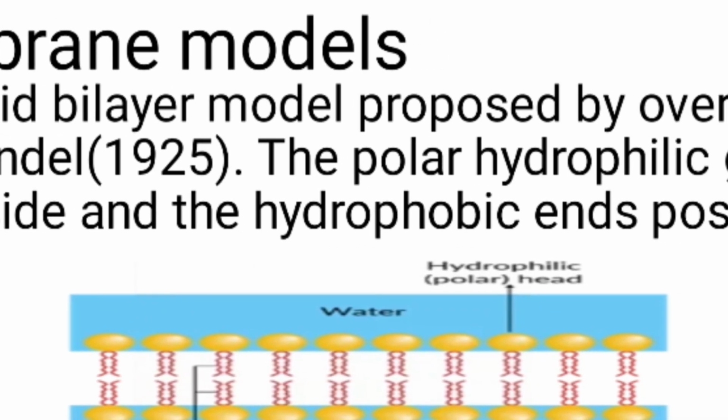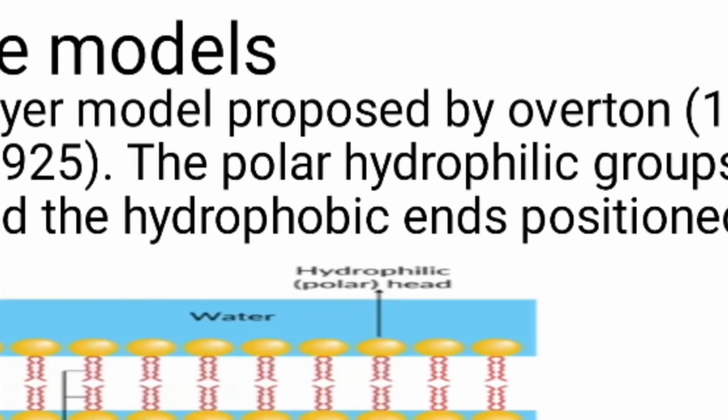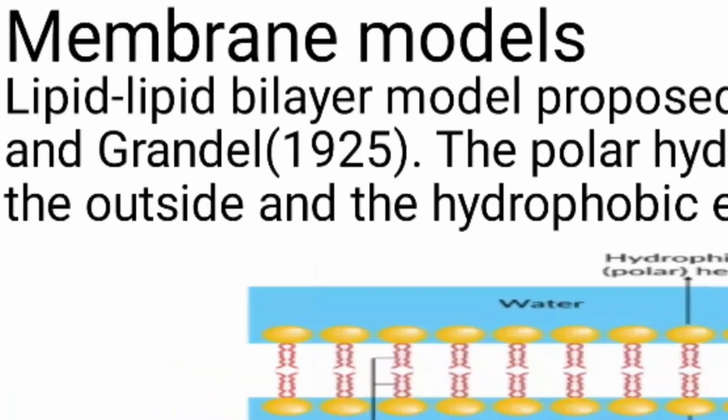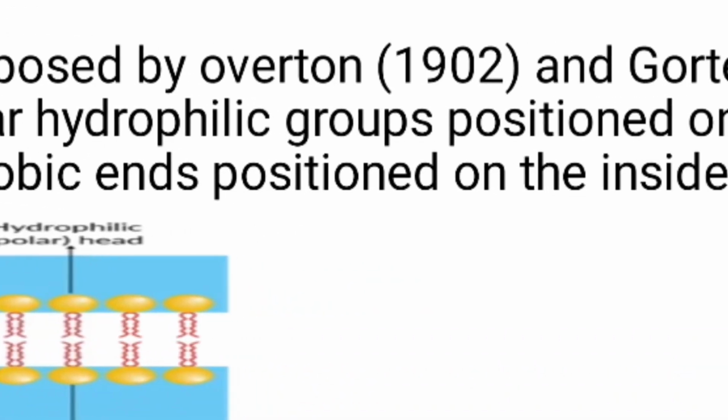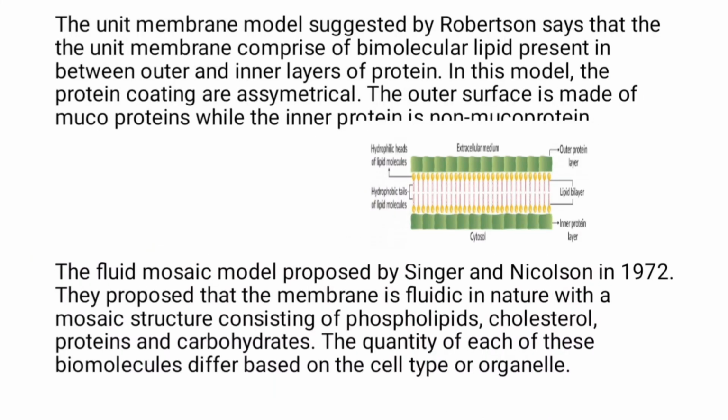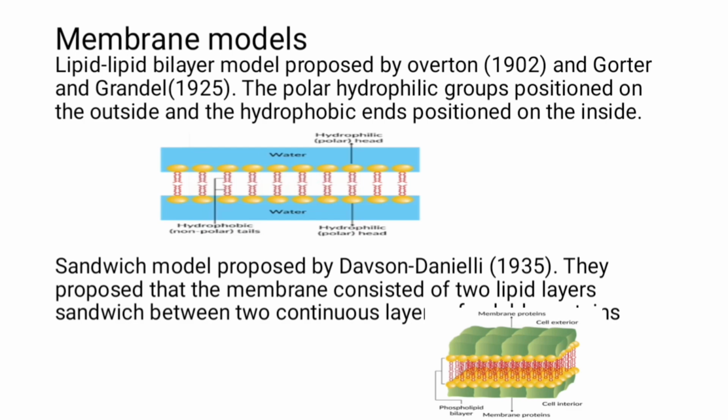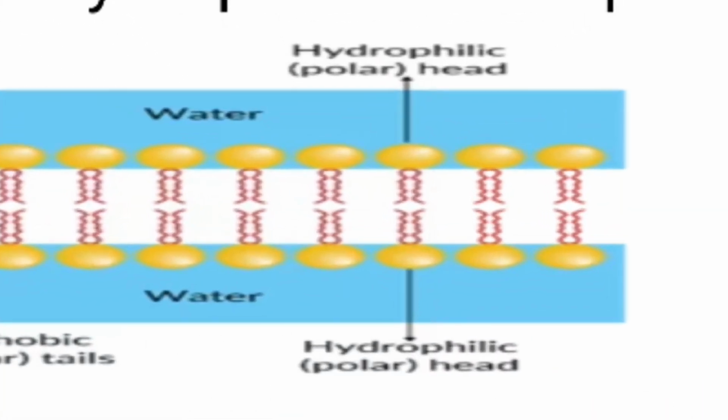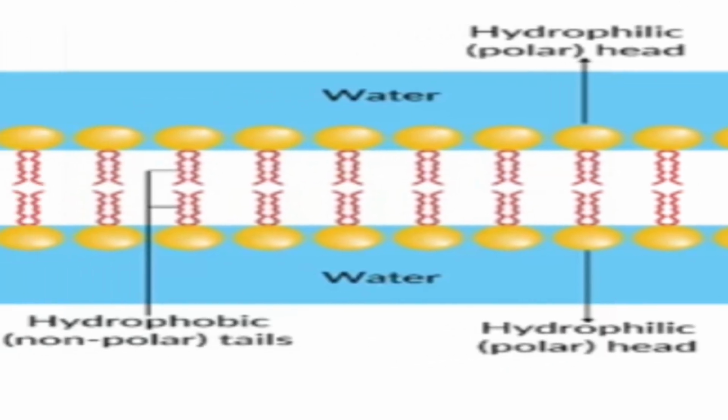This model simply says that the membrane consists of polar hydrophilic groups positioned on the outside and the hydrophobic ends positioned on the inside of the membrane. So look at it here. The hydrophilic polar head, and then the hydrophobic tails in the middle, and then you see another hydrophilic head on the inside.